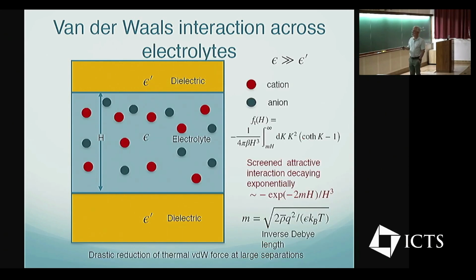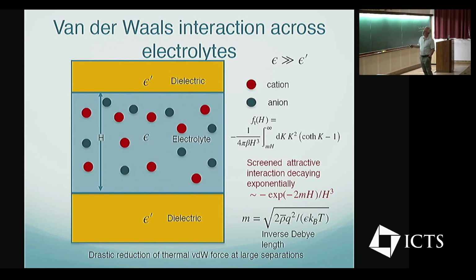Now, the amazing thing is, if you put salt in here, and this is my fantastic PowerPoint, the red is the cations, these are the ions, in the same configuration. Once you put salt in here, this long-range Van der Waals interaction, which was decaying like 1 over h cubed, suddenly becomes screened.